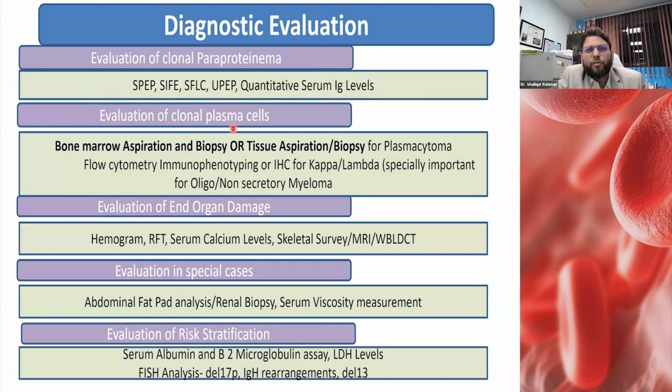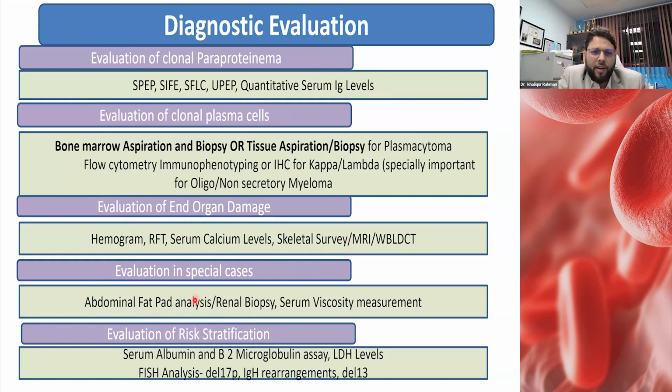We can have evaluation of clonal plasma cells, and for this, we need a bone marrow aspiration and biopsy, a good bone marrow aspiration and biopsy, because if required, we have to subject the samples for flow cytometric immunophenotyping or IHC. For the evaluation of end organ damage, we should have hemogram, renal function test, calcium levels, skeletal survey, etc.